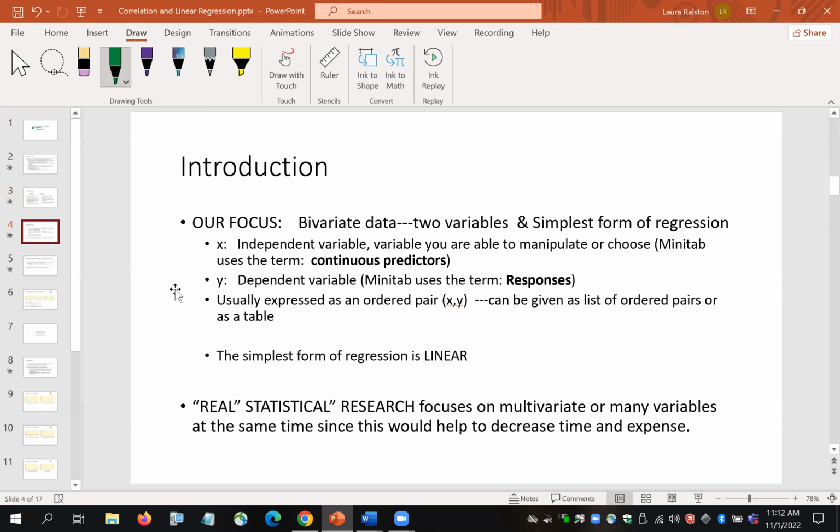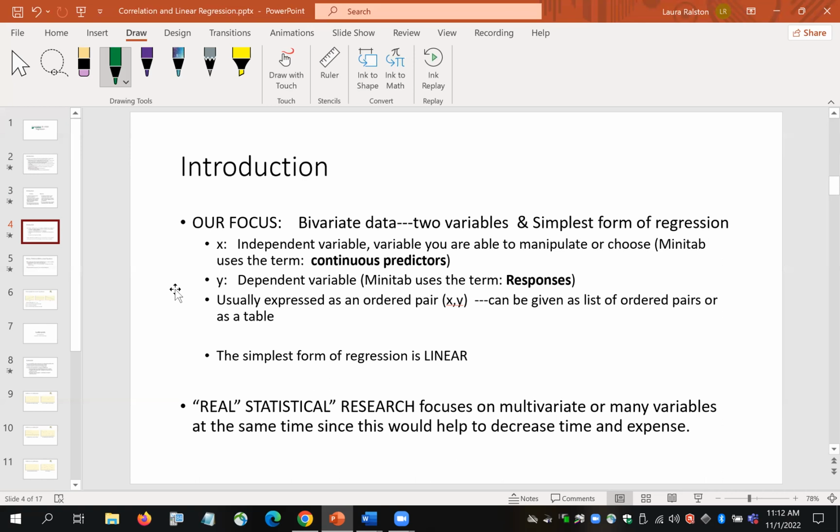Again, our focus is on bivariate data where you have just two variables. We'll have what we usually call an X, which is a little bit of a carryover from algebra. It is considered to be the independent variable, or sometimes it's called the manipulative variable, because it's the variable that you as the researcher can manipulate or choose.